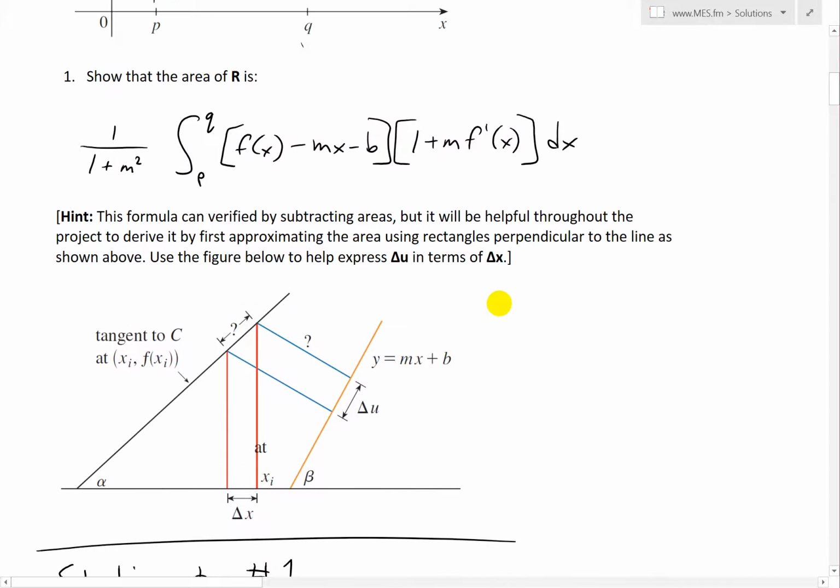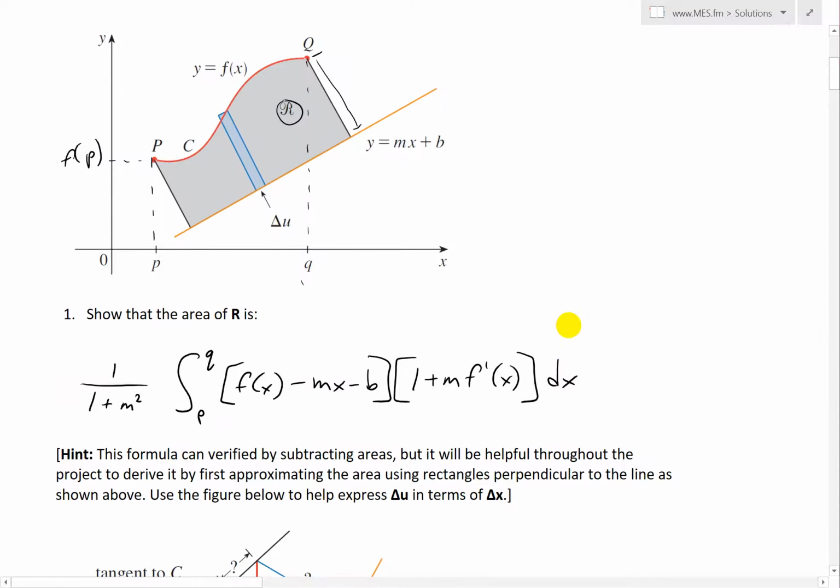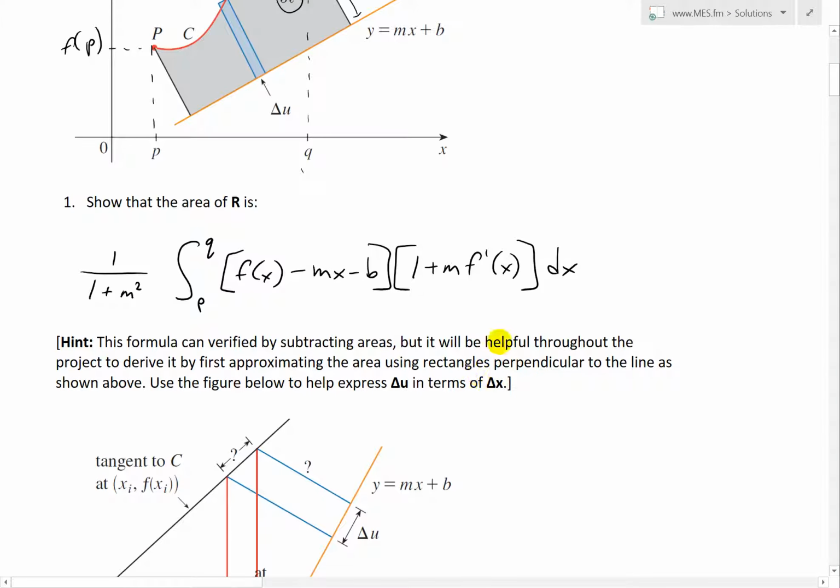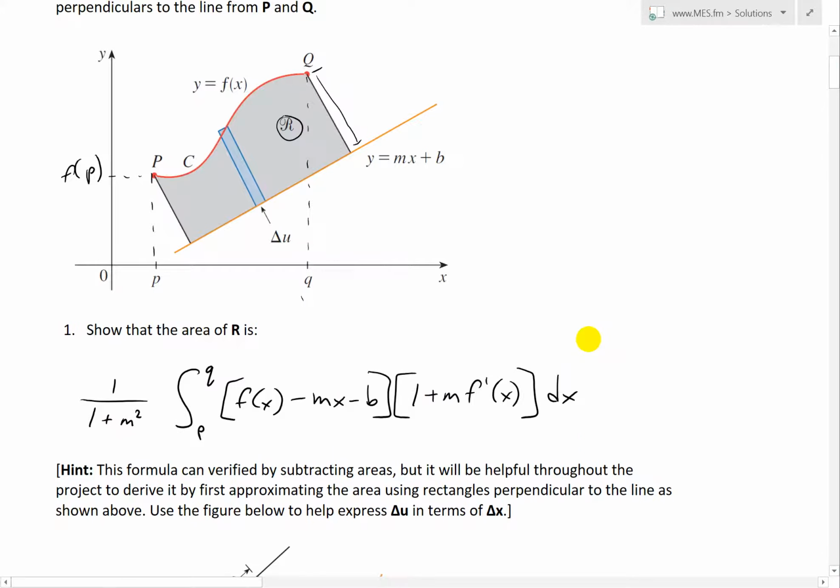So we're asked to find the area of this region, and we're going to find it using the infinite rectangle method.